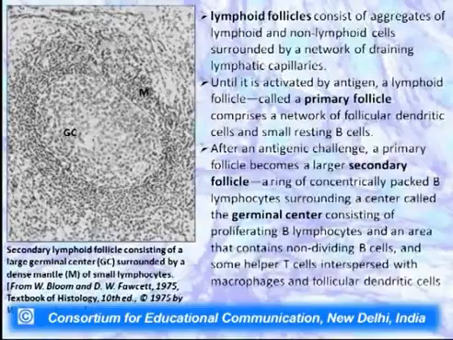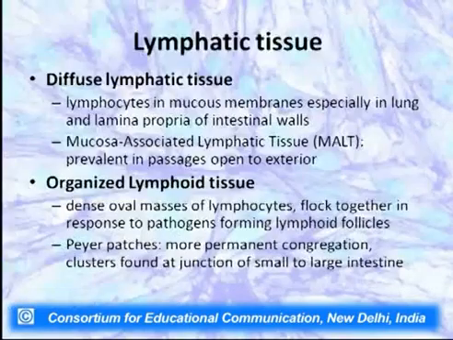So, such tissues which are very dense aggregations of lymphocytes are generally called organized lymphoid tissues. And with this we come to the conclusion of the lymphatic tissue, and then we go to the lymphoid follicles or further details about the lymphatic tissue.